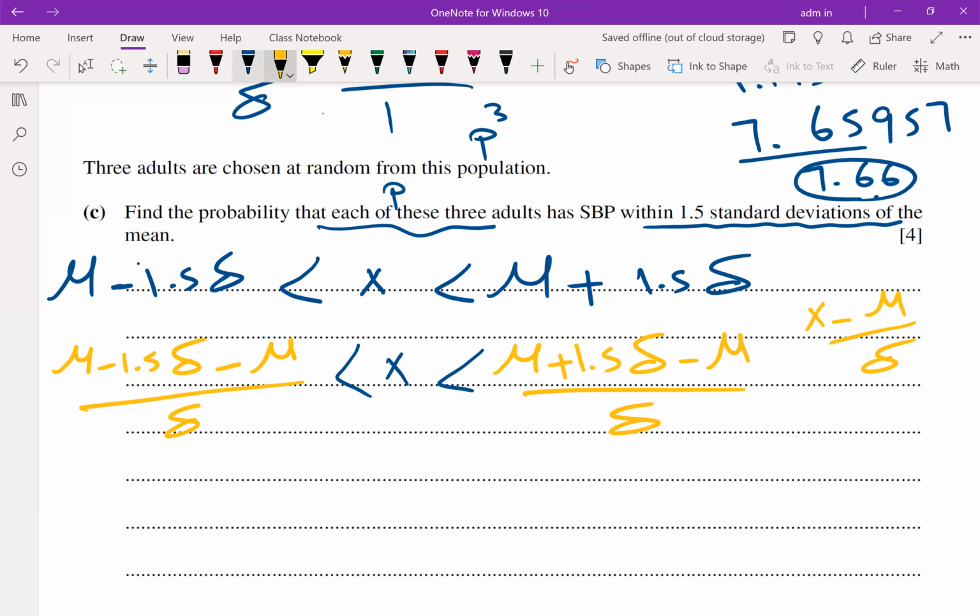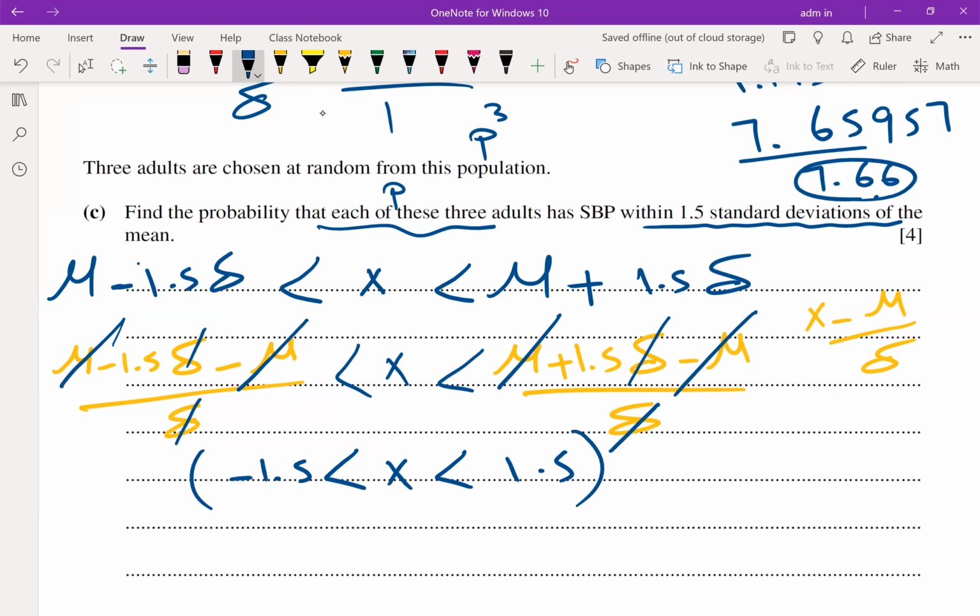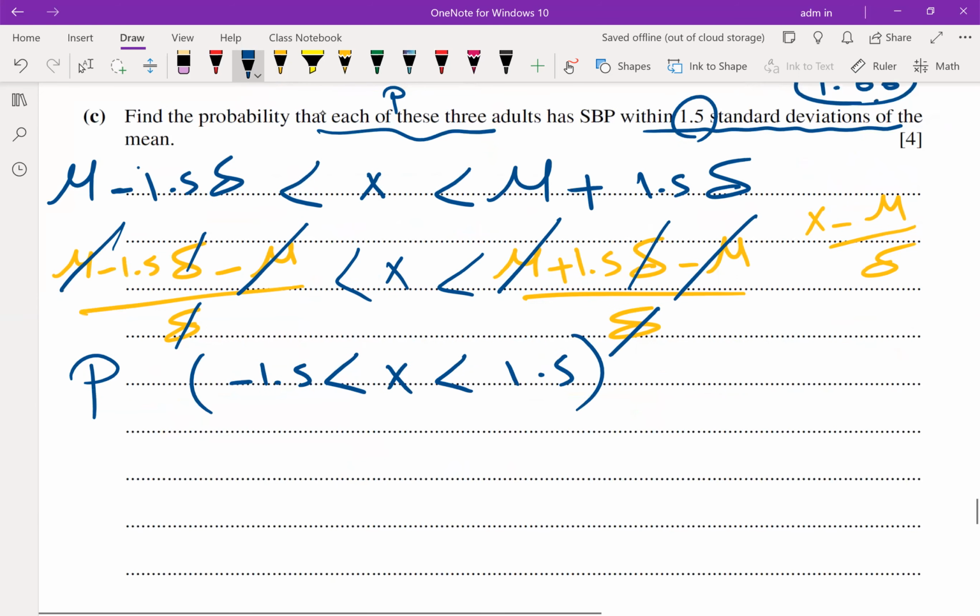If you simplify, mu minus mu is 0, standard deviation cancels with standard deviation, so negative 1.5 less than Z less than positive 1.5. So directly you can write: within 1.5 standard deviations from the mean is between negative 1.5 and positive 1.5.